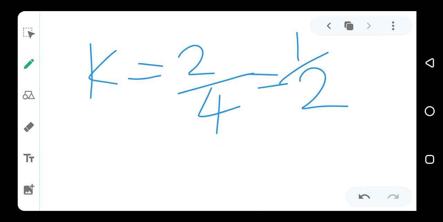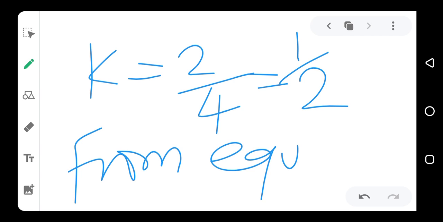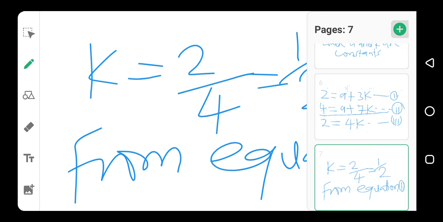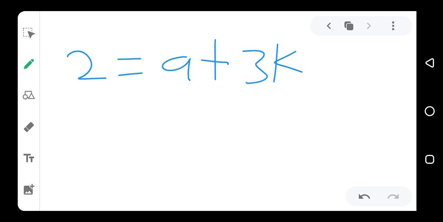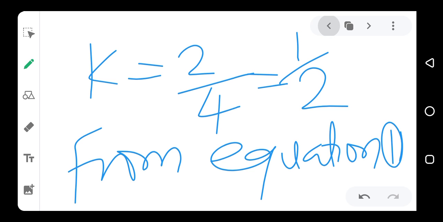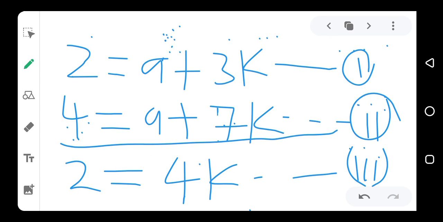So we now say from equation 1, 2 is equal to a plus 3k.